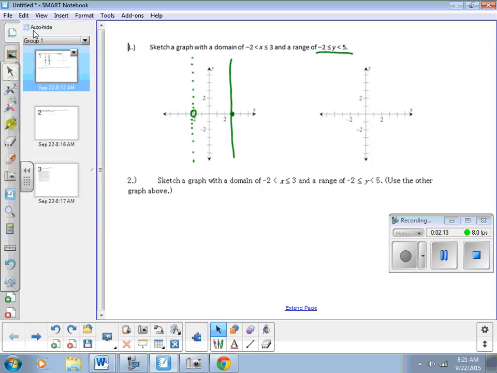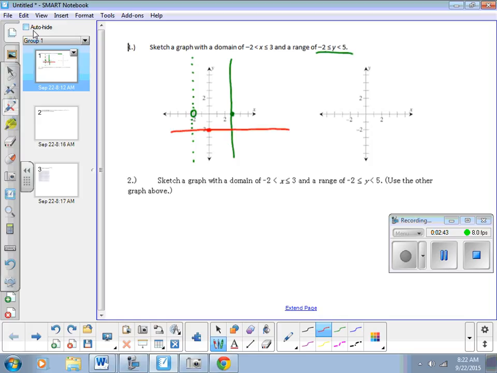All right, so now my range says go to the y-axis at -2, put a closed dot or an open dot? Closed dot. Okay, that's going to mean a solid line, okay? Now you guys already see I'm drawing the boundaries of where the graph's supposed to be inside. Then go to the y-axis at what number next? 5.